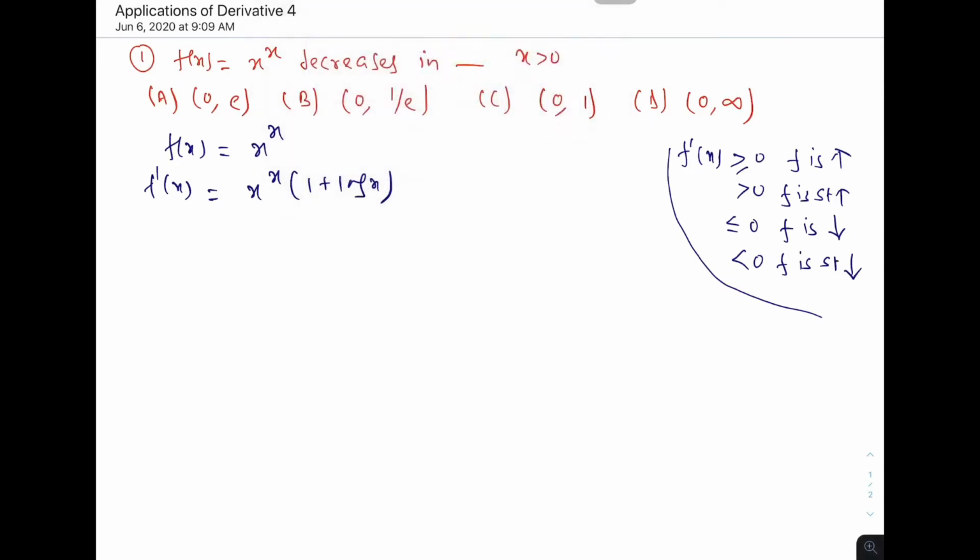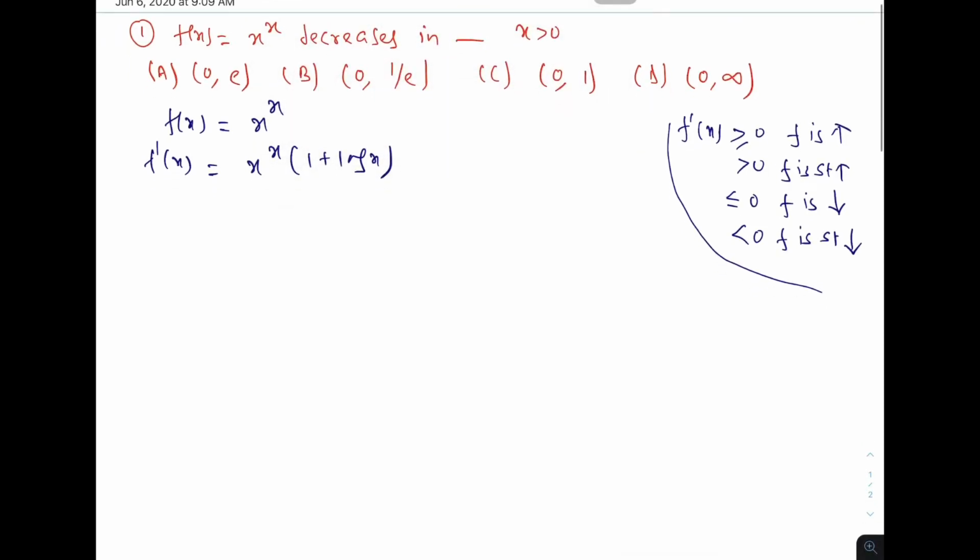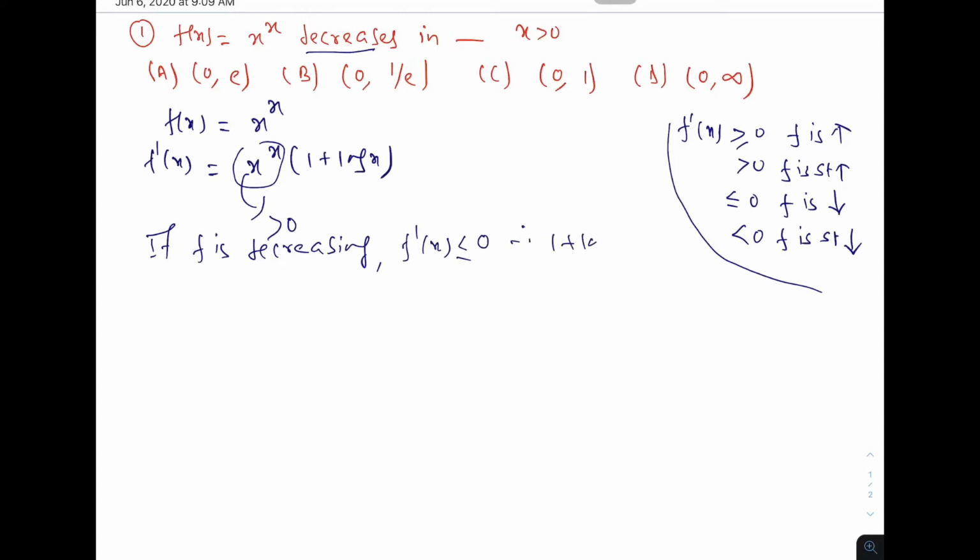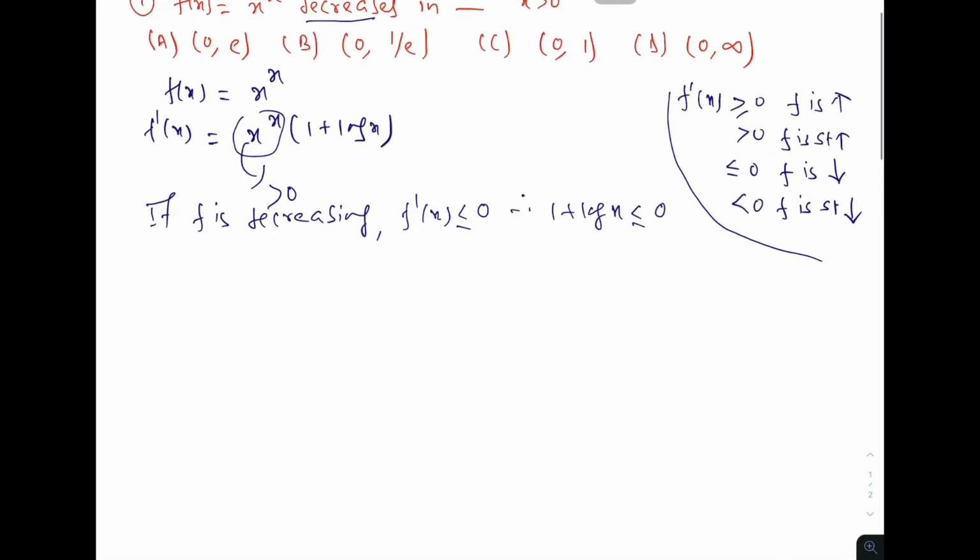Okay, now because x is greater than 0, this x power x is always positive. Now if f is decreasing, then f dash x should be less than or equal to 0. Therefore 1 plus log x should be less than or equal to 0.